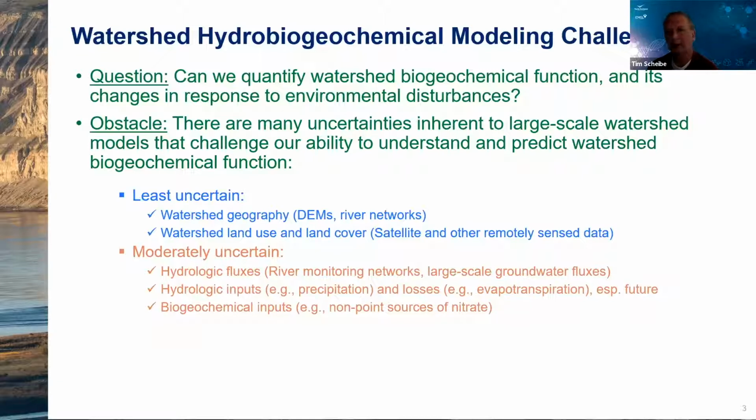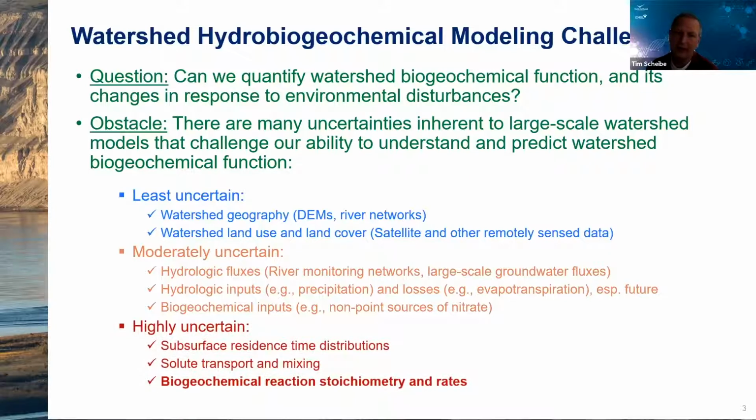And so measuring large-scale groundwater fluxes or groundwater surface water interactions can be quite challenging. Measuring the hydrologic inputs like precipitation and losses like evapotranspiration are also challenging, especially when we want to predict those into the future. And then biogeochemical inputs such as, for example, non-point sources of nitrate, which is a key contaminant in our surface water systems, can also be moderately uncertain.